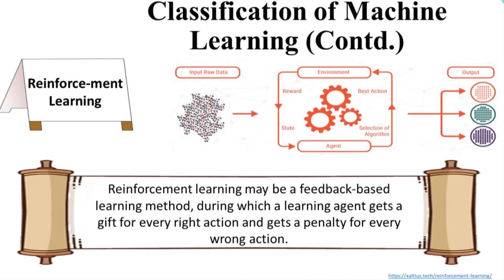Whereas in reinforcement learning, there is no answer, but the reinforcement agent decides what to do to perform the given task. In the absence of a training data set, it is bound to learn from its experience.